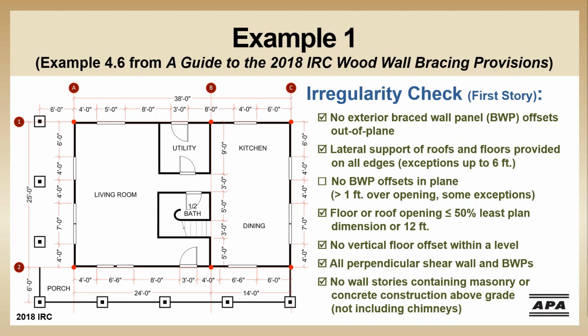So while some of the upper story braced wall panels are narrower than the braced wall panels below, if we shift that lower braced wall panel at grid line or braced wall line 1 over, we're not going to be overhanging the edges anywhere, and we can check off this last item.